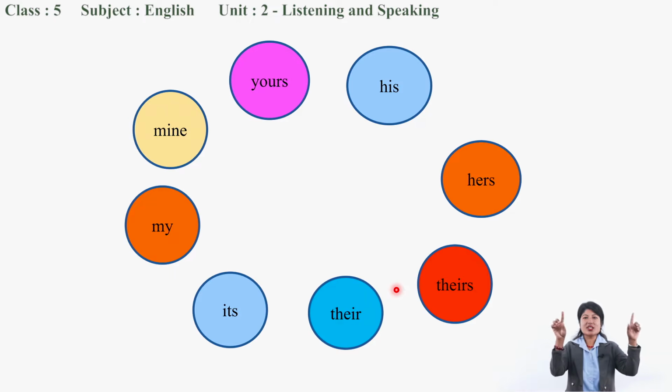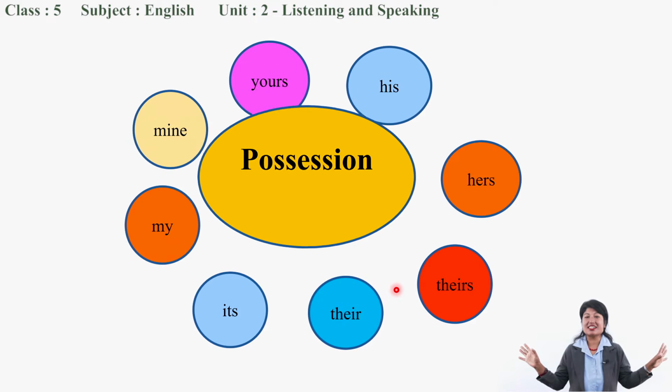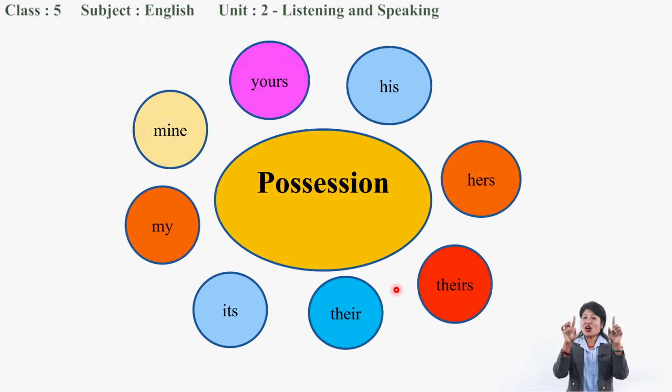So all these words, yes, we have already discussed in the grammar section and even in the reading section, didn't we? Yes. So all these words are related to possession. We call them possessive words. What does it show?